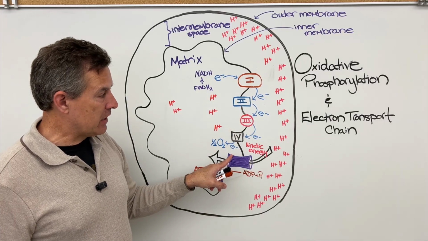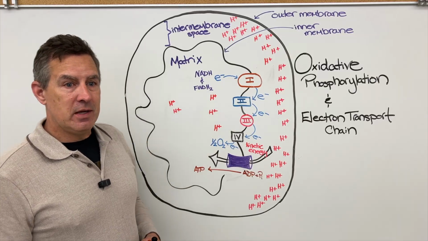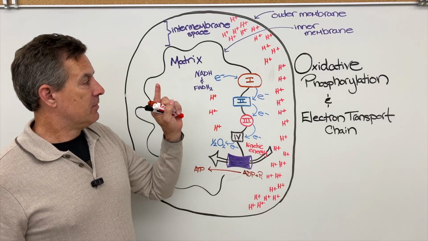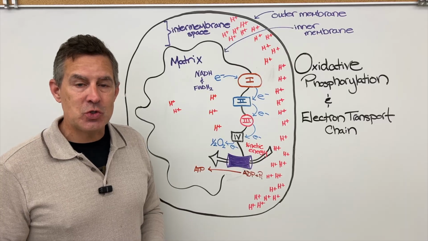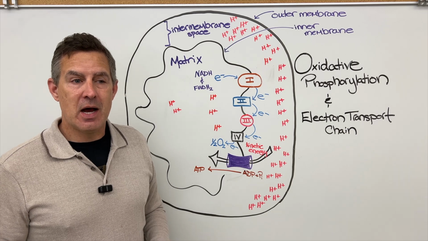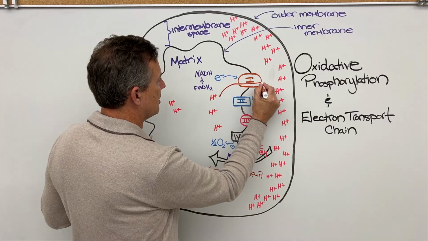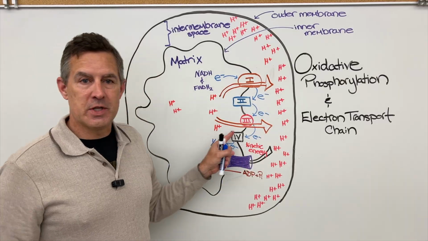This is the electron transport chain. Every time that electron is liberated from one of the complexes, energy is released. And that energy is going to be used to move or push hydrogen ions uphill or against their gradients. That looks something like this.